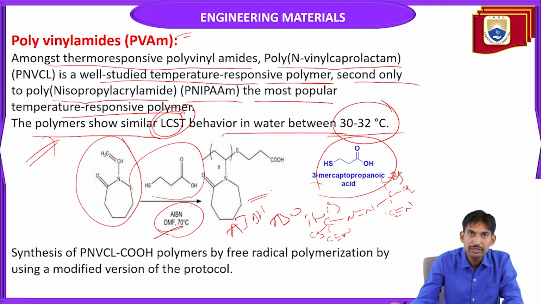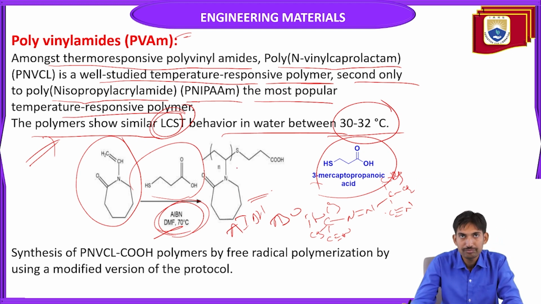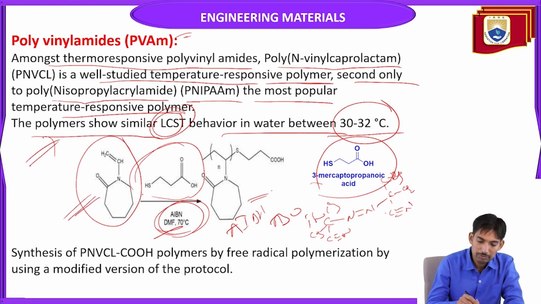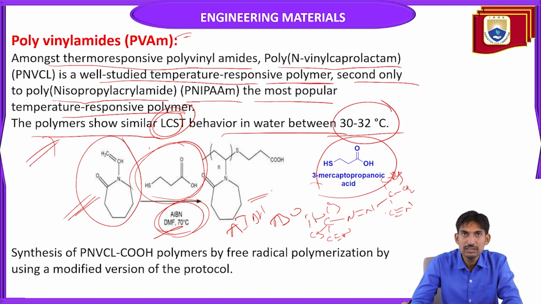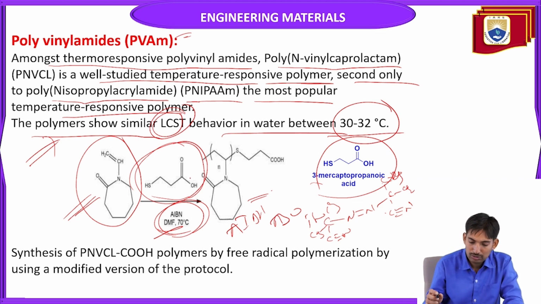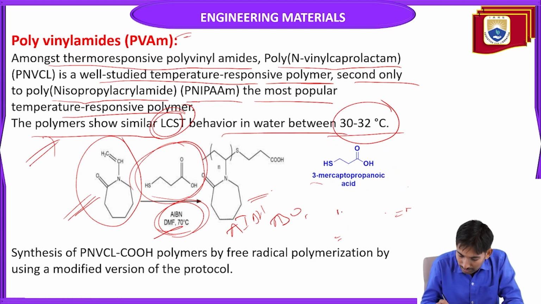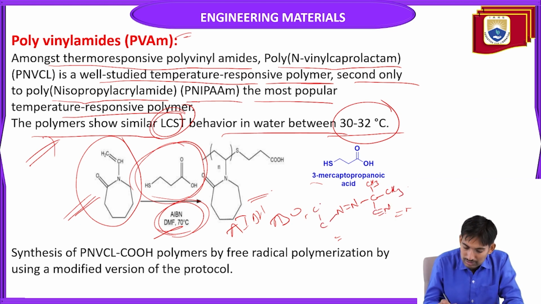In the solvent dimethyl formamide at 70 degrees centigrade, it undergoes polymerization and forms polyvinyl amide. This is the lactam polyamide. It undergoes polymerization with 3-mercaptopropanoic acid in the presence of AIBN. The azo means N double bond N, with CH3 and C triple bond N on each side.